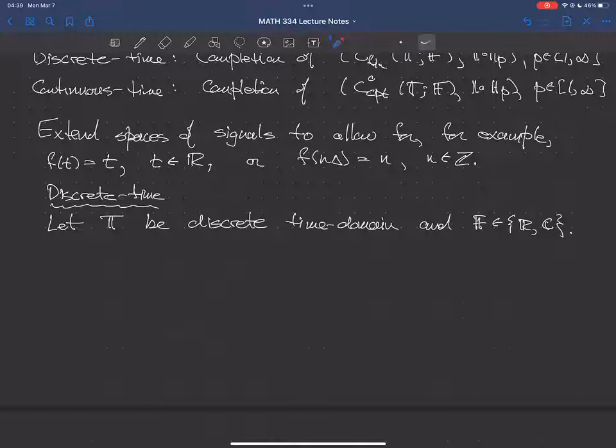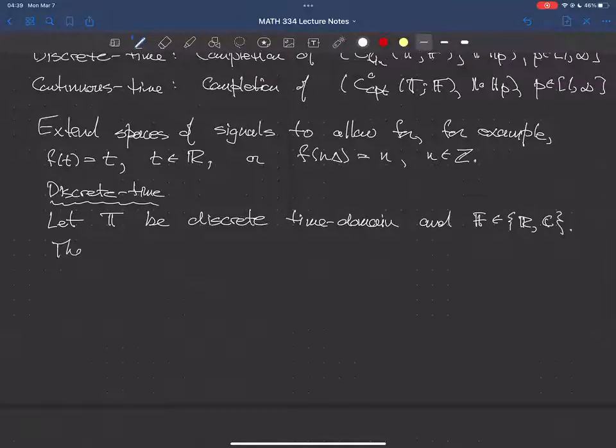You could just consider the space of all signals. So F^T is simply the set of all mappings from T into F. So there's our space.